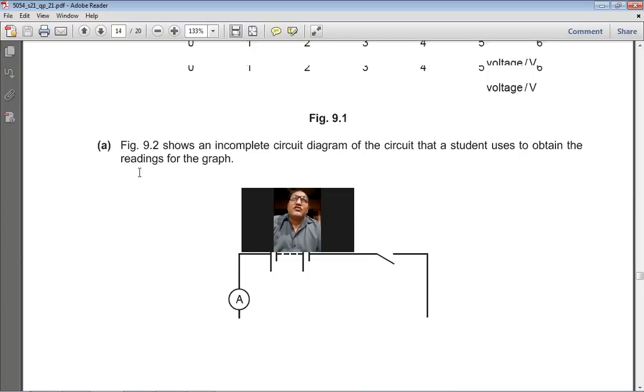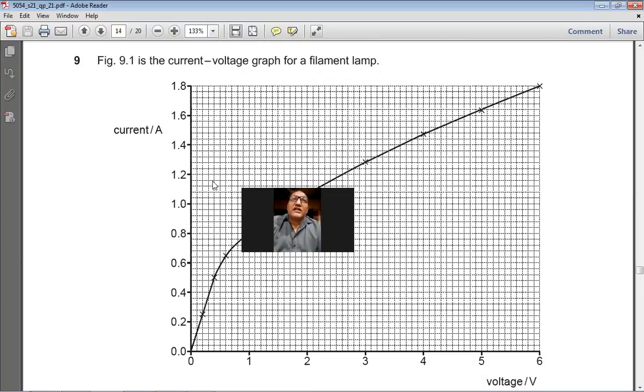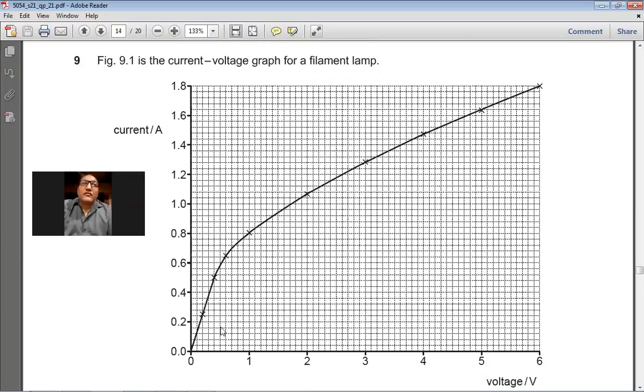Okay, so here, look at this. In the start, the minimum amount of current is 0, and when you started the experiment, the current is something like 0.2 something, and here 0.5, here 0.65 something.